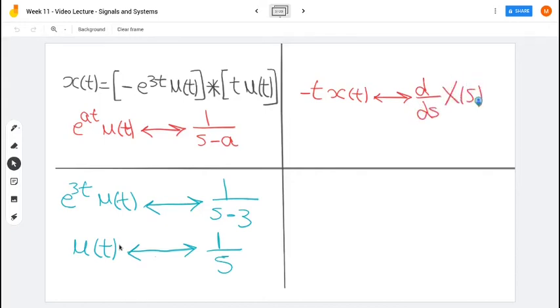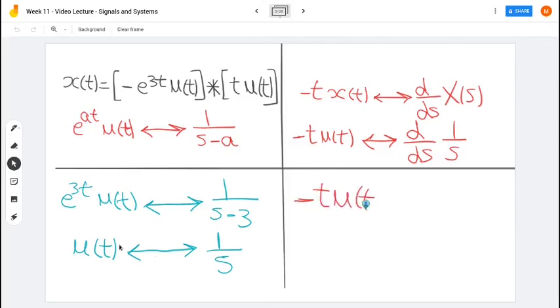So here we have minus t times u of t, which means we will be differentiating 1 over s, d by ds 1 over s. So this basically will give us minus t times u of t has the transform minus 1 over s squared. So the minus sign will cancel out, and now we have the transform of t times u of t.